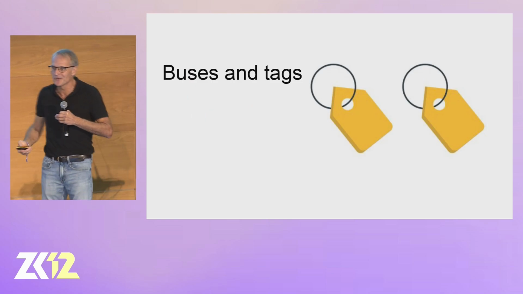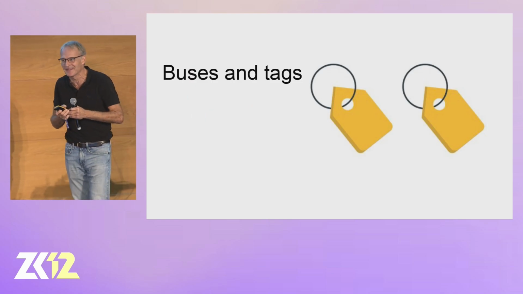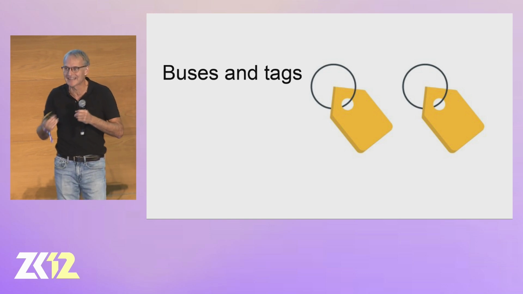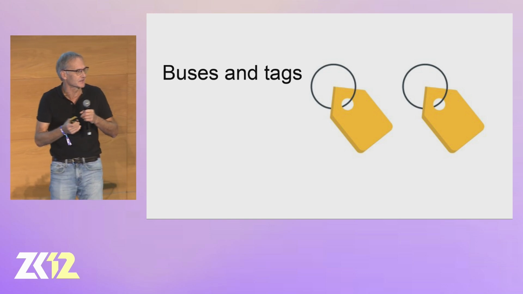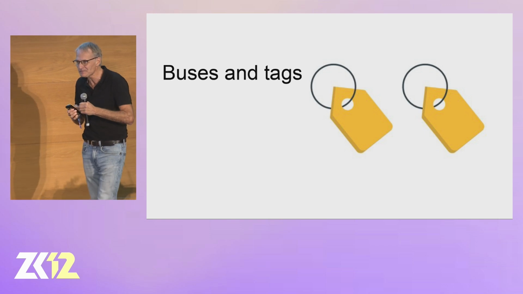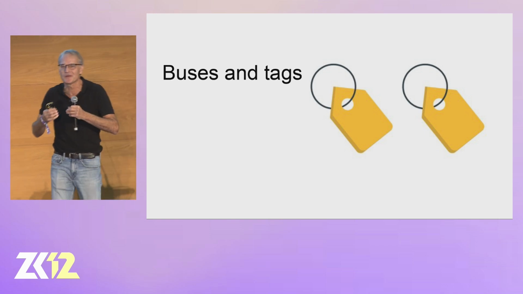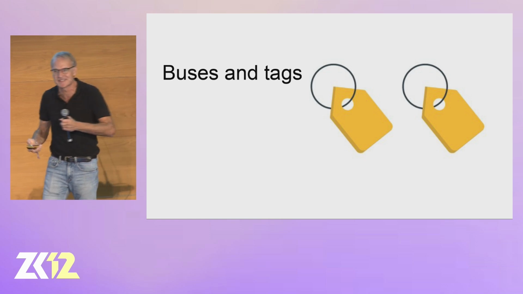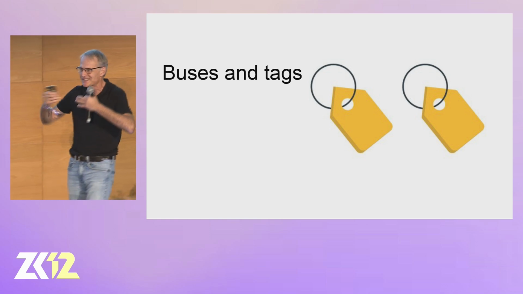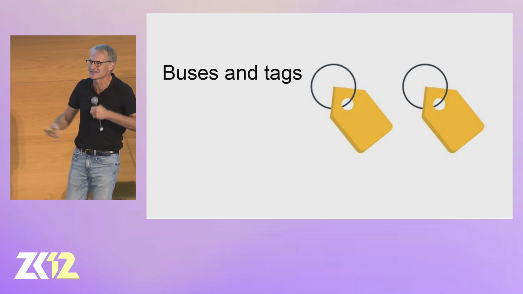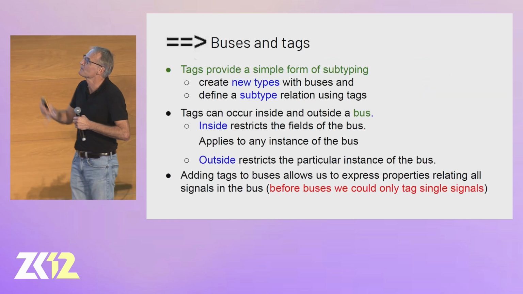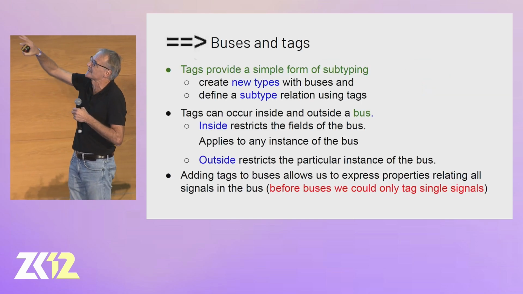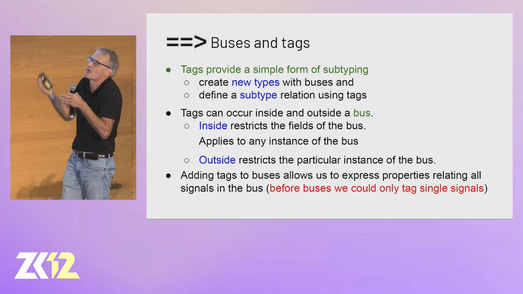Now we go a step further and we mix buses and tags. Tags is something we introduced about 2 years ago. We were having a bit of subtyping with tags, and now we'll have types and subtypes. This is what I want to present here with this mix of buses and tags. So the point is this: tags provide a simple form of subtyping.